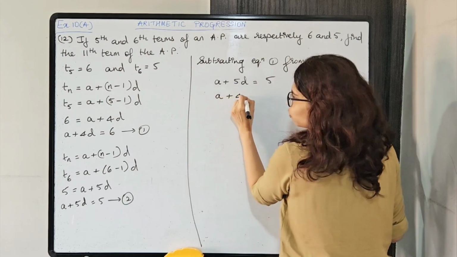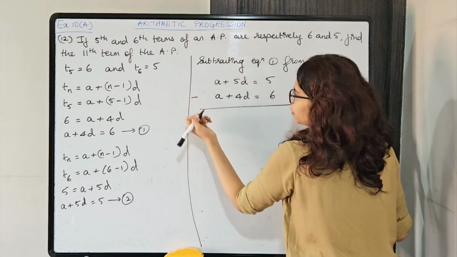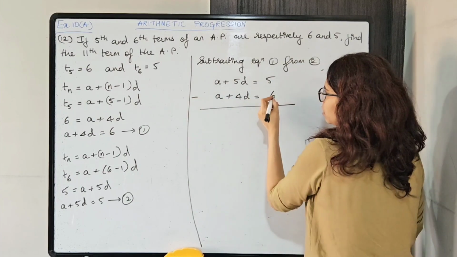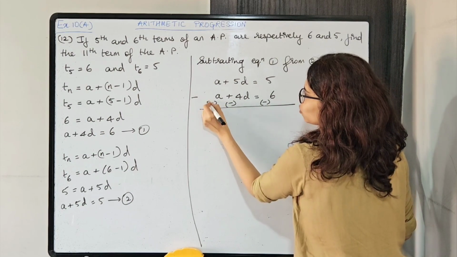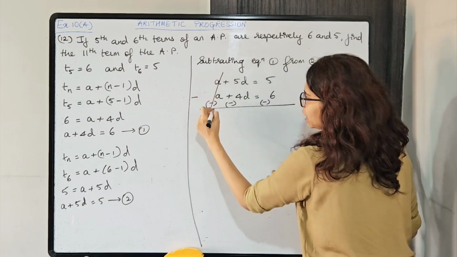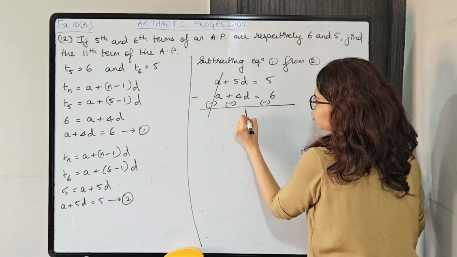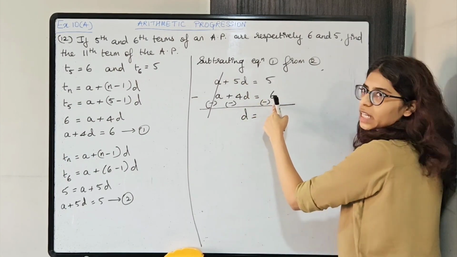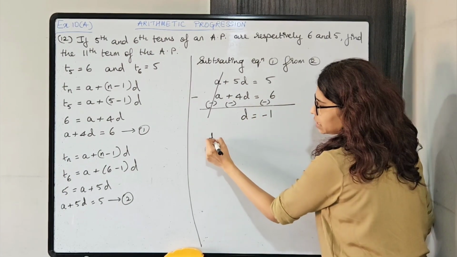So a plus 4d is equal to 6. We are subtracting, so signs will change. Plus 6 becomes minus, plus 4d becomes minus, plus a becomes minus. a minus a cancels. Okay, 5d minus 4d, that will be 1d, which gives d. And 5 minus 6 is minus 1. Okay, so d is minus 1.